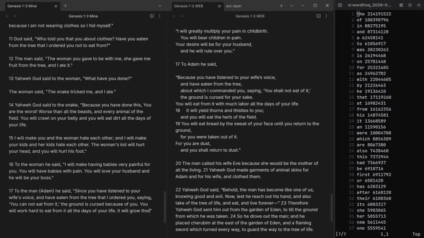It will grow thorns. And what are thistles? So the first word means a thorn in the sense of prickling. And the second word means a thorn.